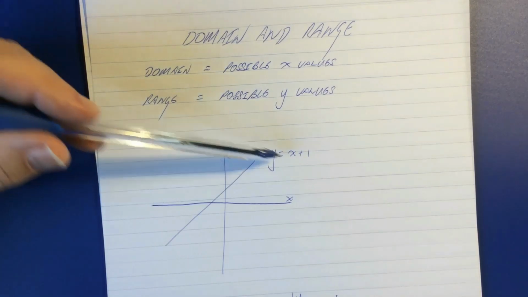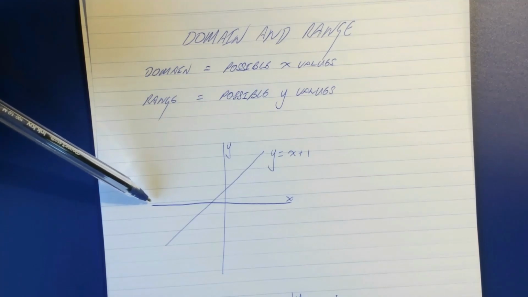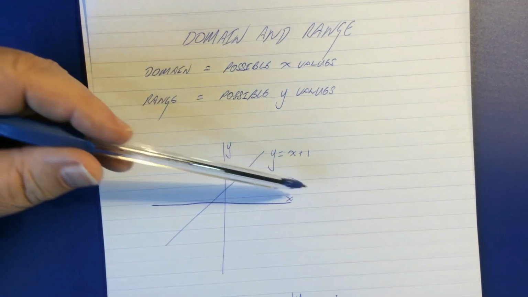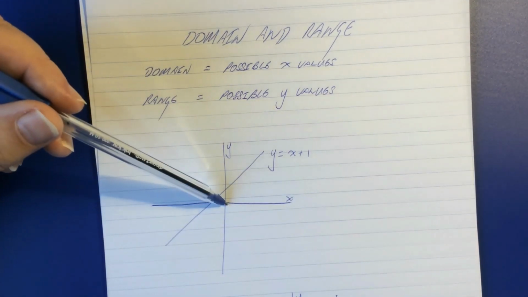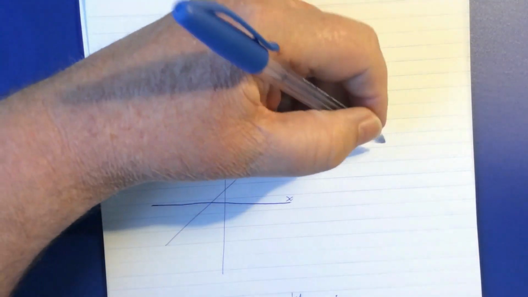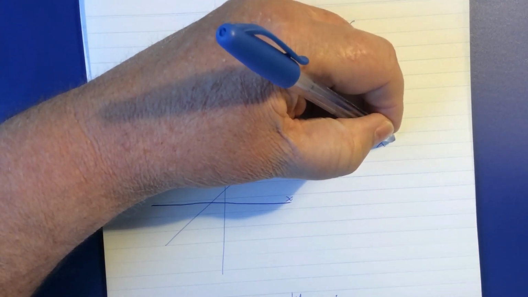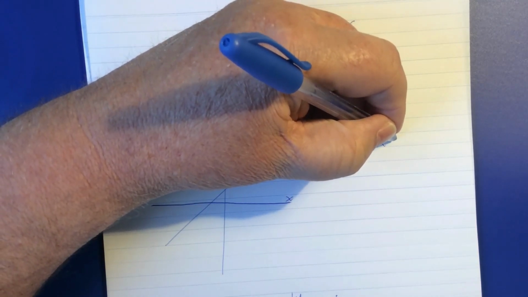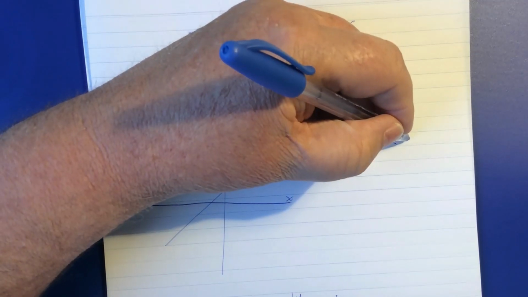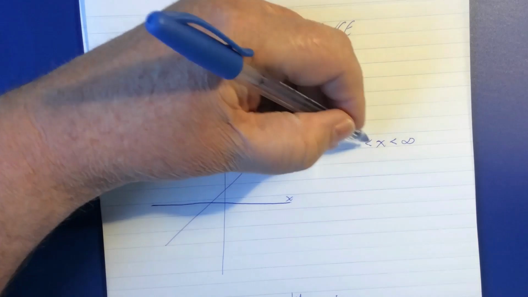The domain of this function is all the values of x, from 0 to positive infinity and 0 to negative infinity. So the domain of this we could write as something like this.